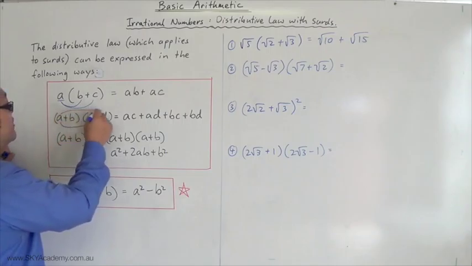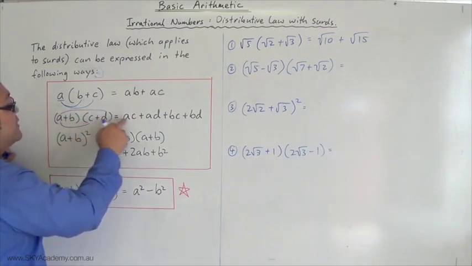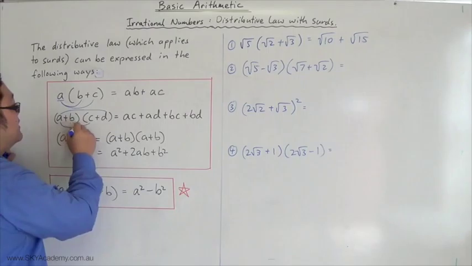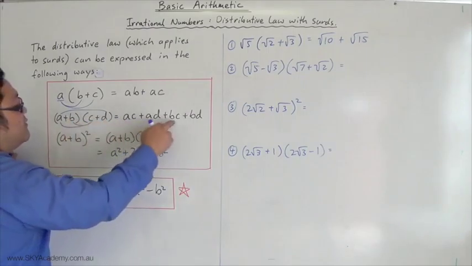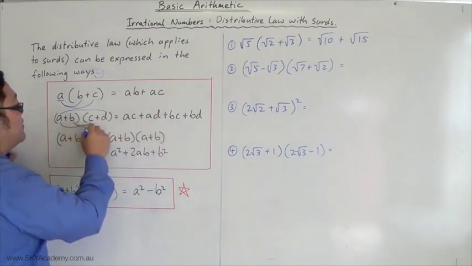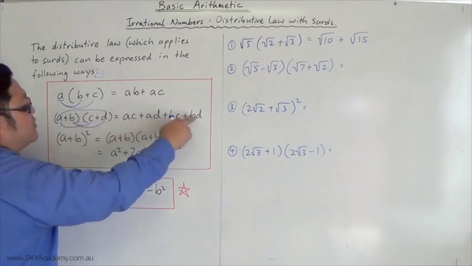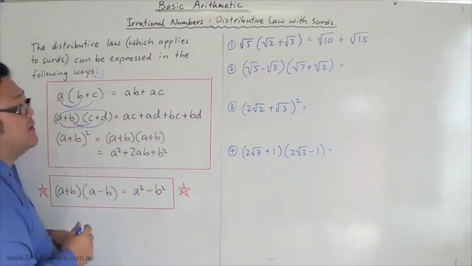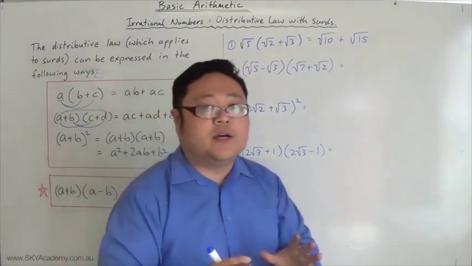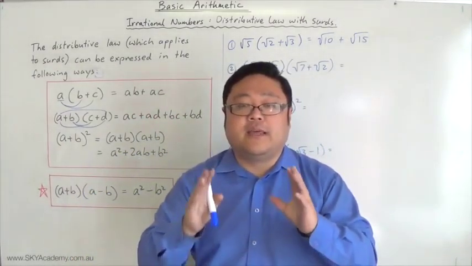The outside two, A times D gives you AD. The inside two, B times C gives you BC. And then the last two, B times D gives you BD. Does that make sense?